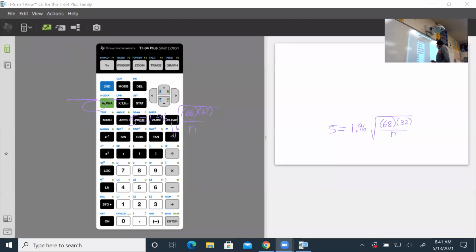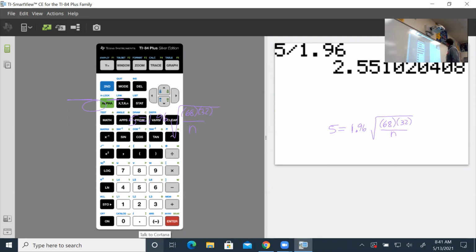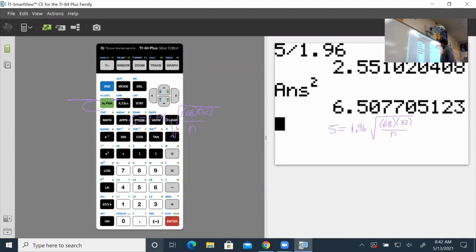So I'm going to go 5 divided by 1.96. Okay, you get 2.55. I'm going to square that. Okay, square it. Now, if I'm writing this down, you can see my work as well.